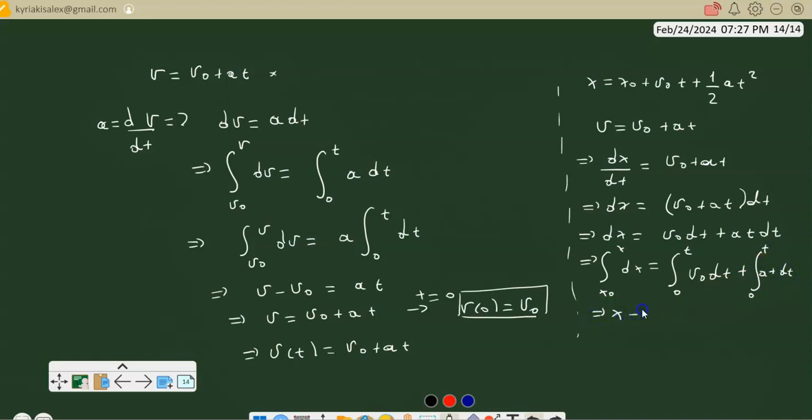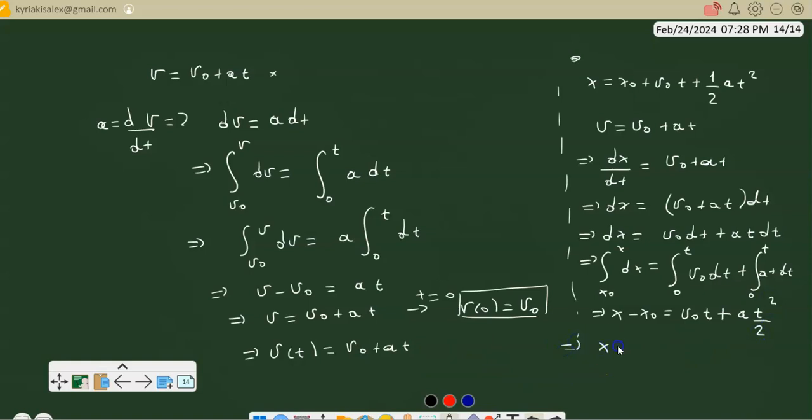So this is x minus x0, the left-hand side. This is v0 times t plus a t squared divided by 2.